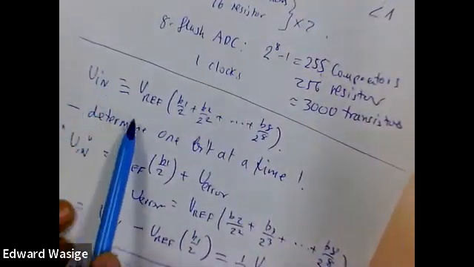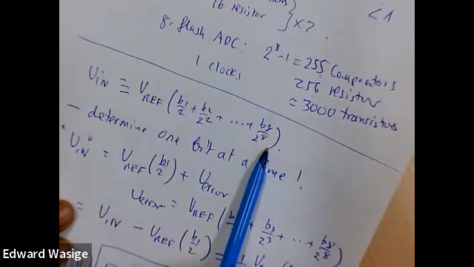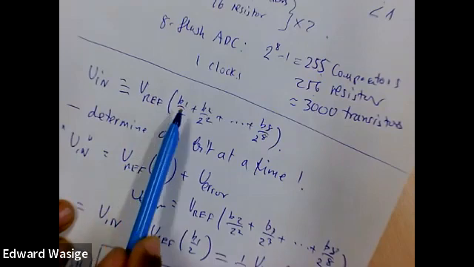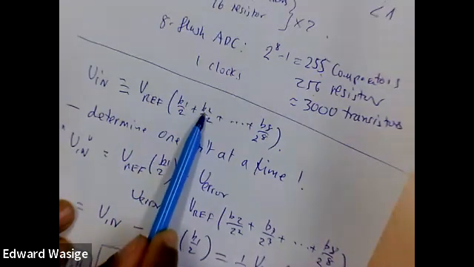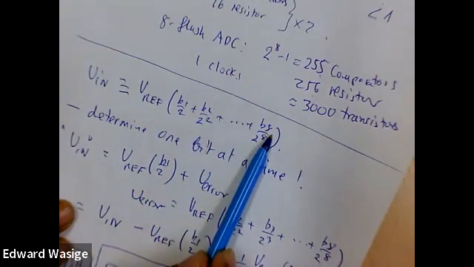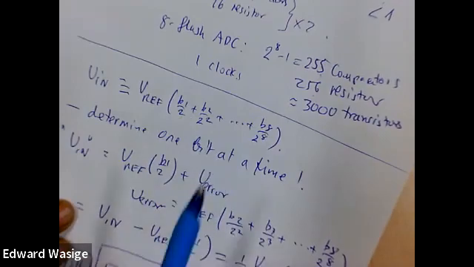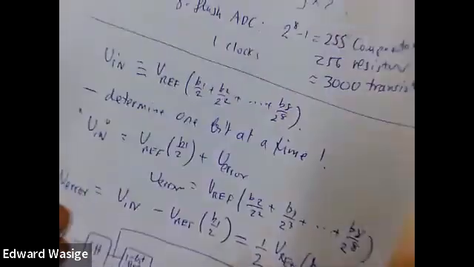We sample an input. We want to represent it with the 8 bits. So the reference voltage that we use to determine B1 is the same as we used to determine B2 up to B8. If we didn't use the same reference voltage, then of course the contributions will be different.